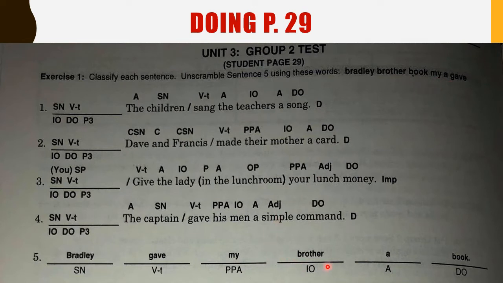IO, which is the indirect object, and it is brother. A article, it's A, obviously. And the direct object will be book. So the sentence will be, Bradley gave my brother a book.